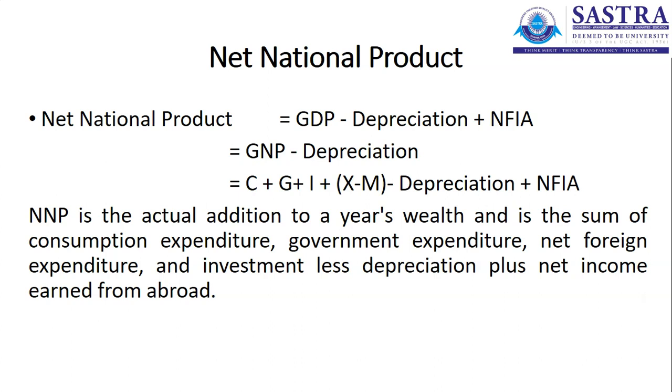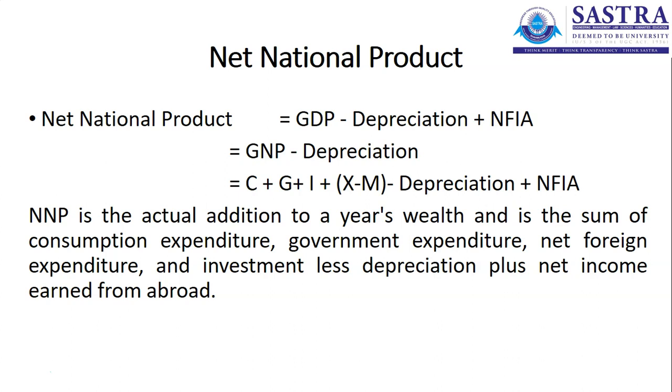So it is calculated on the basis of consumption expenditure, government expenditure, investment expenditure plus export minus import minus the depreciation, or depreciation allowances, or capital consumption allowances, plus net factor income from abroad. On that basis, we are calculating the net national product.